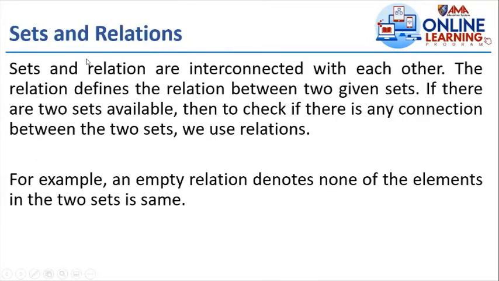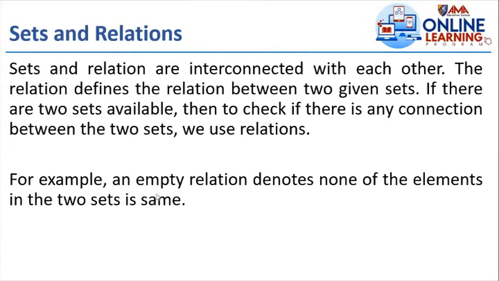Next we have the relationship between sets and relations. Set and relation are interconnected with each other. The relation defines the relationship between two given sets. If there are two sets available, then to check if there is any connection between the two sets, we use the relations.